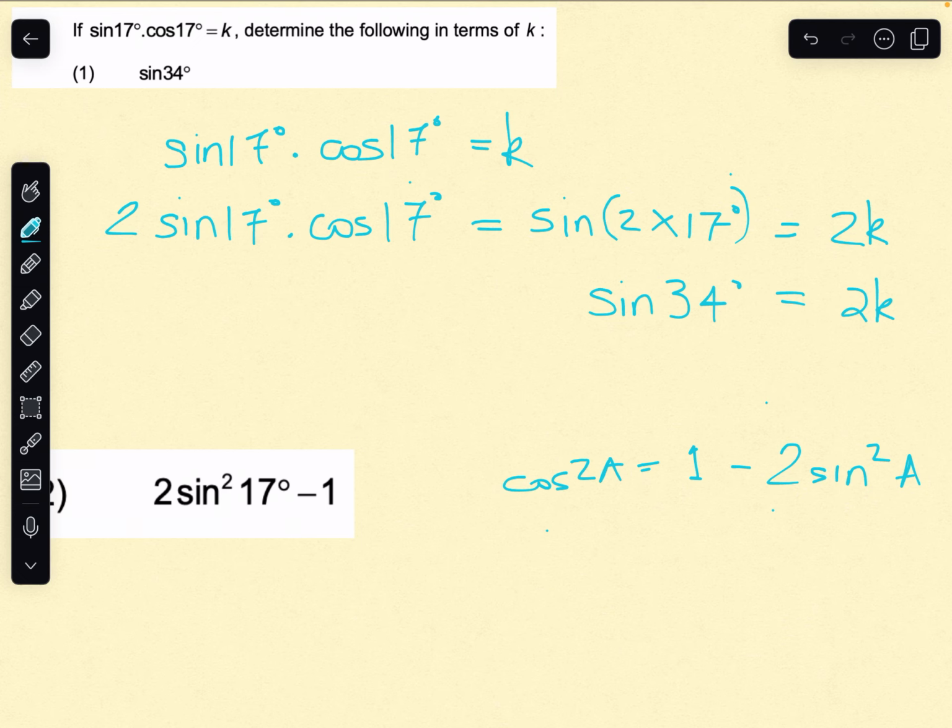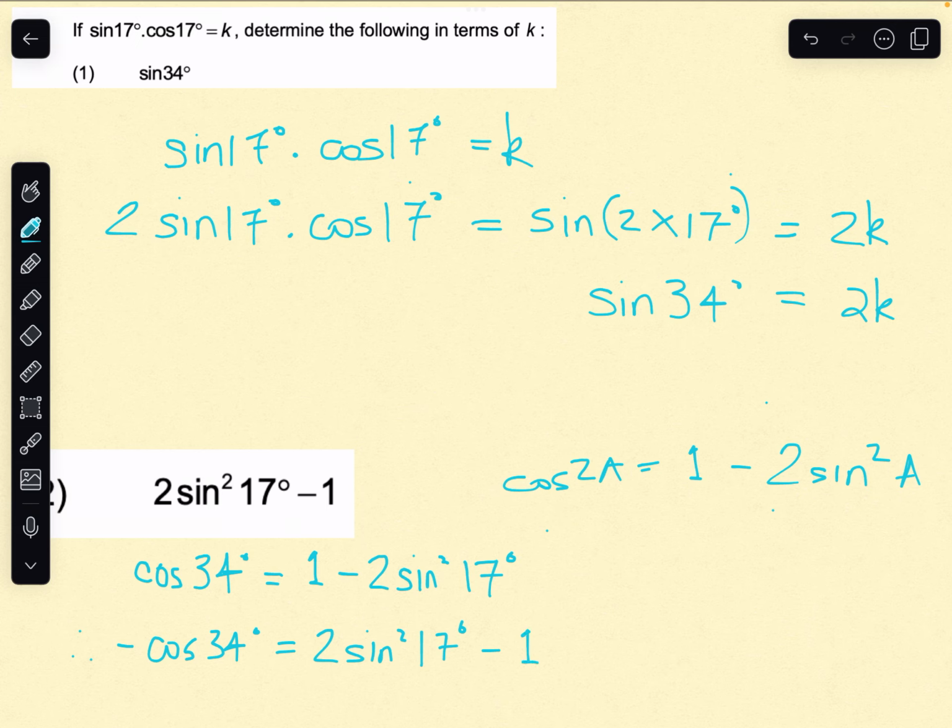Okay, so we know that cos of 34 is equal to 1 minus 2 sine squared 17, right? And so therefore negative cos 34 is equal to this difference swapped around.